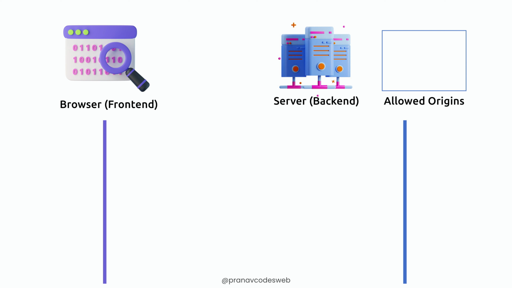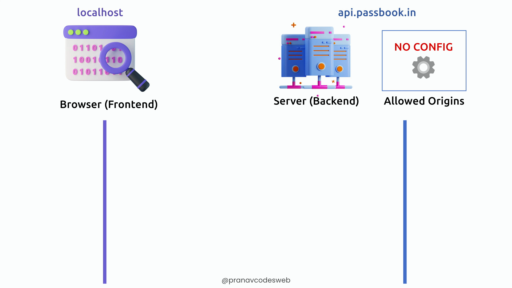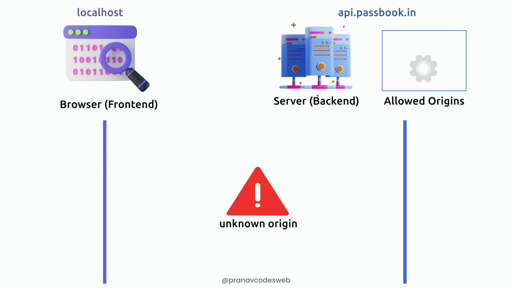Let's take our previous example. When you hit an API from your localhost to passbook.in, the browser adds an origin header in the request. Now, the server processes the request and sends the response, but does not add any special headers to handle CORS. The browser's same origin policy will come into the picture and the browser will throw an error of unknown origin.